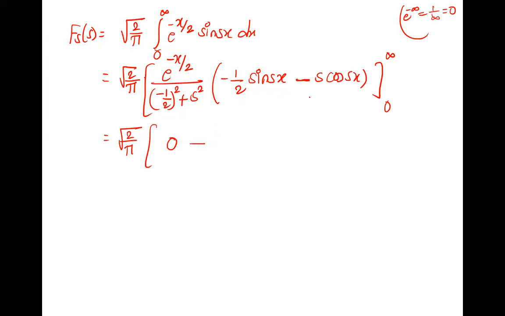Minus lower limit now. x, you are writing 0. So e raised to 0 is 1. So this is 1 upon minus half square plus s square, that is 1 by 4 plus s square, into e raised to 0 upon minus half into sine 0 minus s into cos 0.